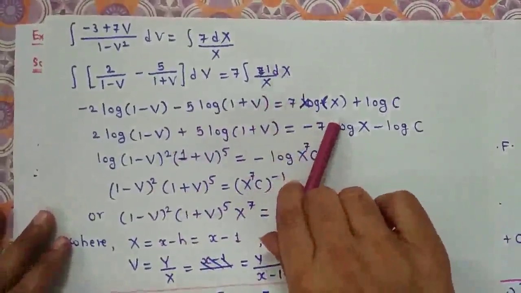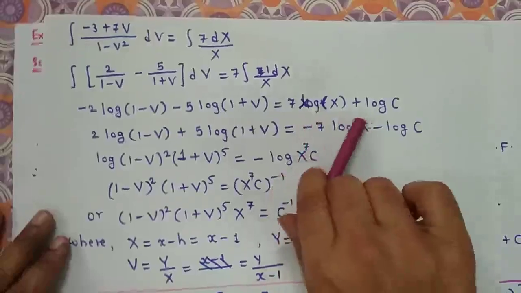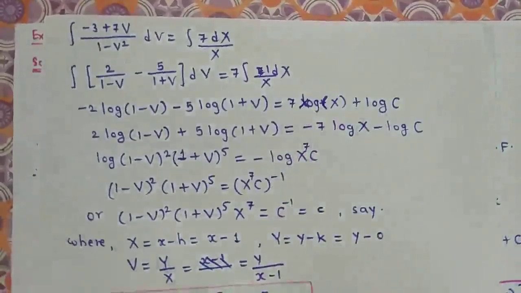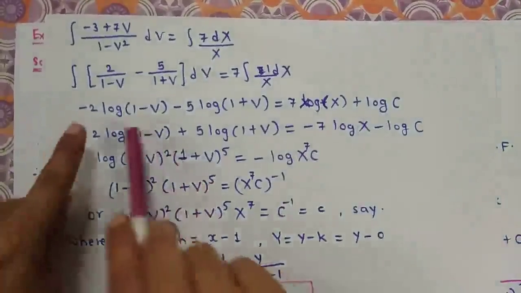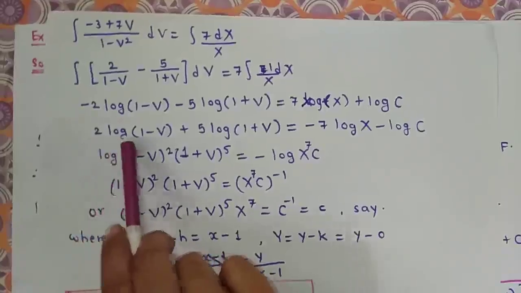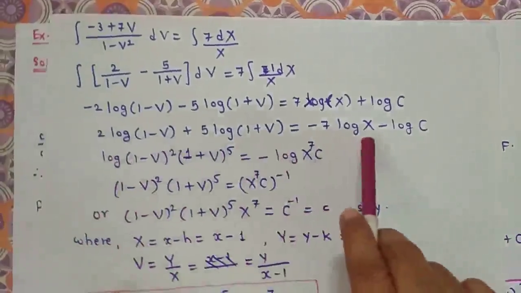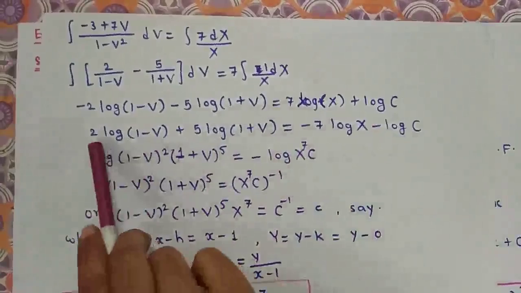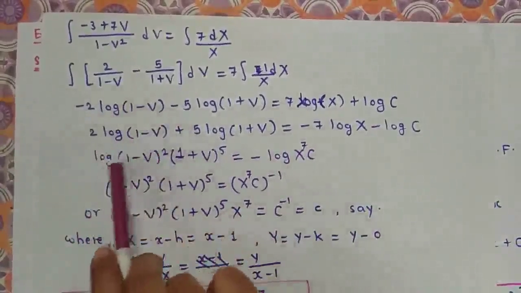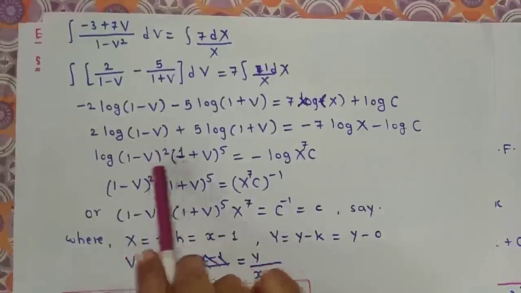Now since all terms are in terms of log, here we take the constant of integration as log c. Now we multiply this equation throughout by a negative sign so that we get this equation. Now we shift this multiple 2 into the power, so we get log of (1 minus v) whole square.